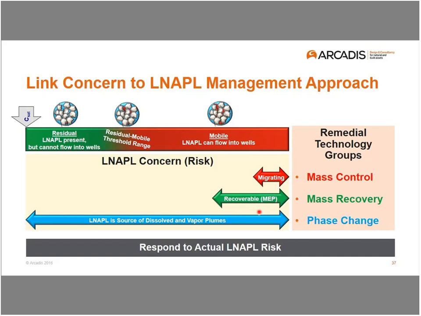And then finally, the type of technologies that cover the entire breadth of NAPL saturations, from the highest mobility saturations all the way down to the lowest residual saturations, are phase change technologies, because they're dealing with the composition of the LNAPL, whether or not it's mobile or moving. So what we want to do is think about what our goals are for the site and respond to the actual LNAPL risk.